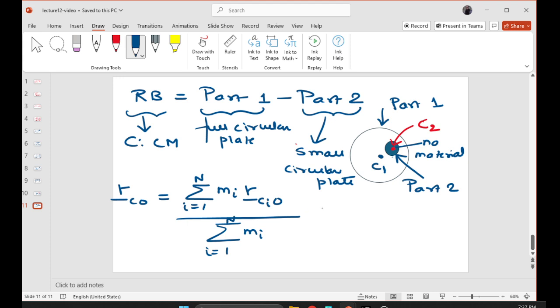However, we will have to make a simple adjustment: M2, which is the mass of the removed part, in this formula should be written as minus of, or rather I should say M2 should be the negative of the mass of the removed part.